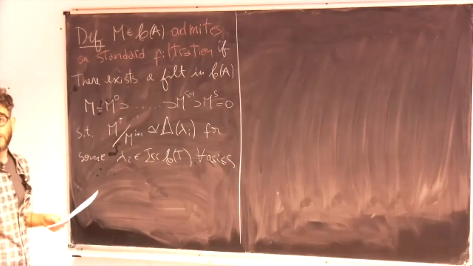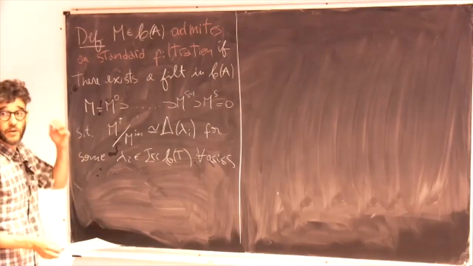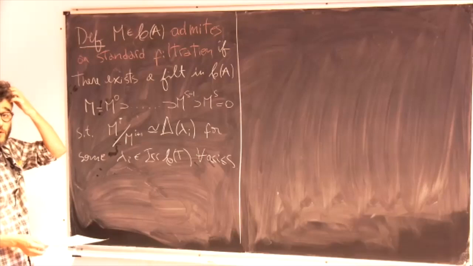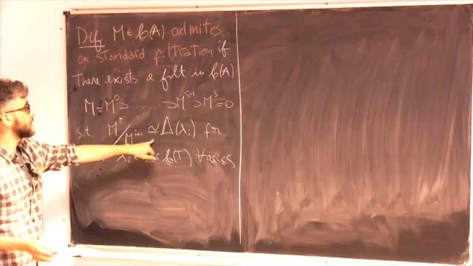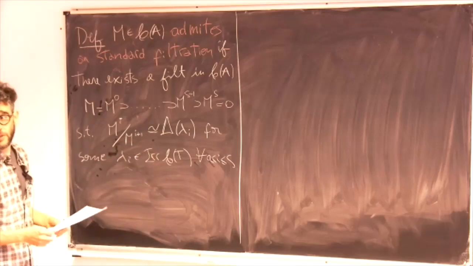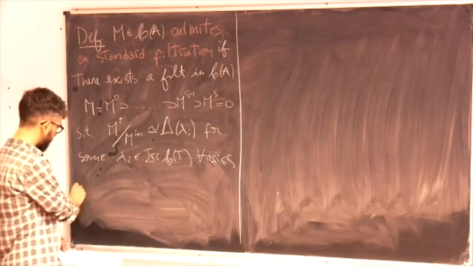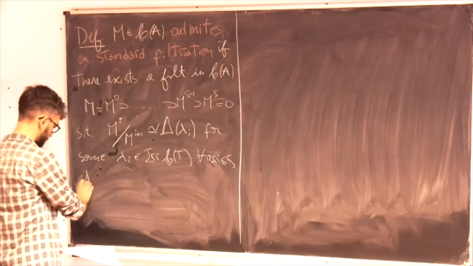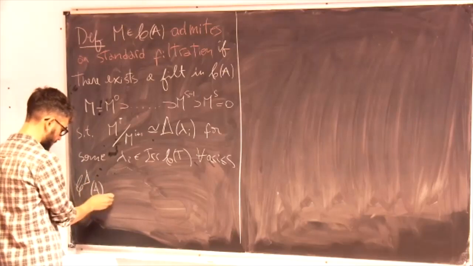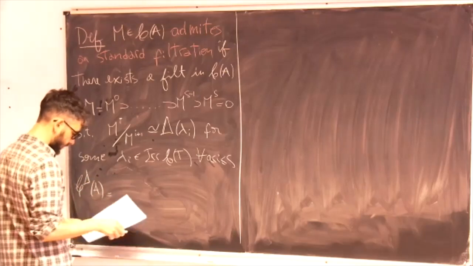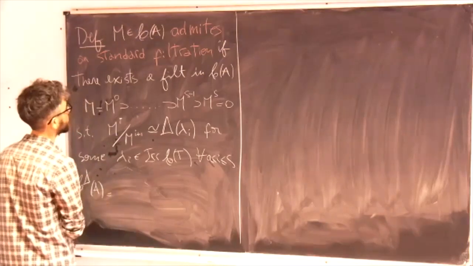This is similar to the filtration mentioned before, where the quotient was a simple T module, but here we want the quotient to be a standard object, a standard module. And we will denote by C lambda the category of standard filtered objects.